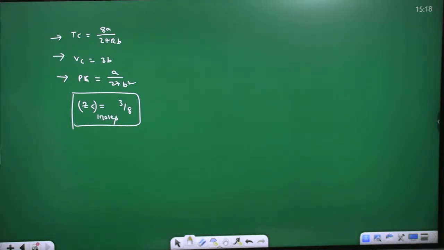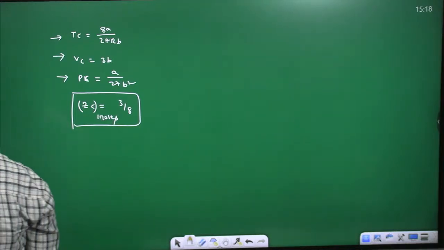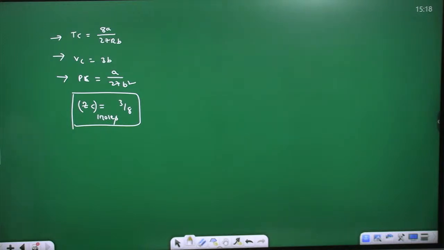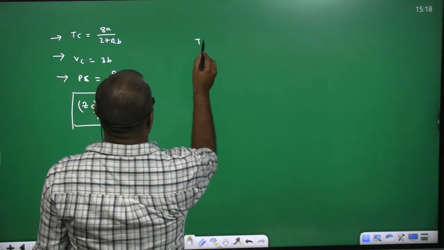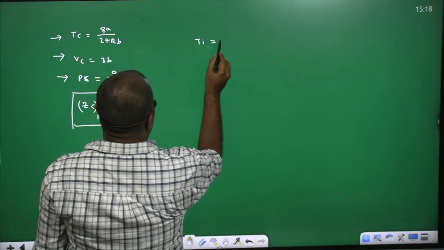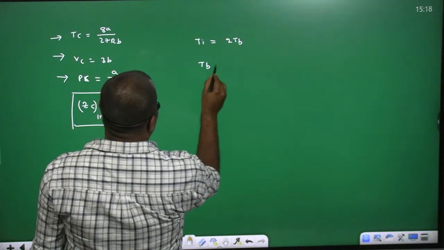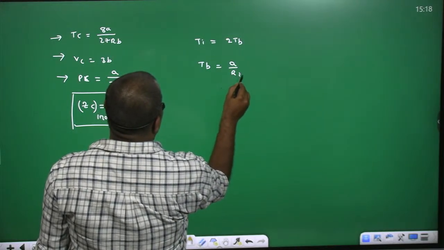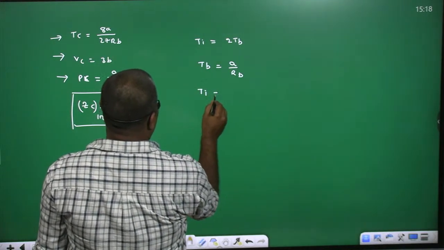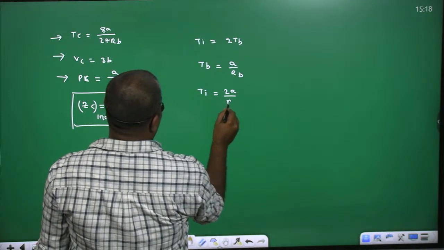Next one, inversion temperature. Inversion temperature equals 2 times Boyle's temperature. Boyle's temperature equals A by RB, so inversion temperature equals 2A by RB.